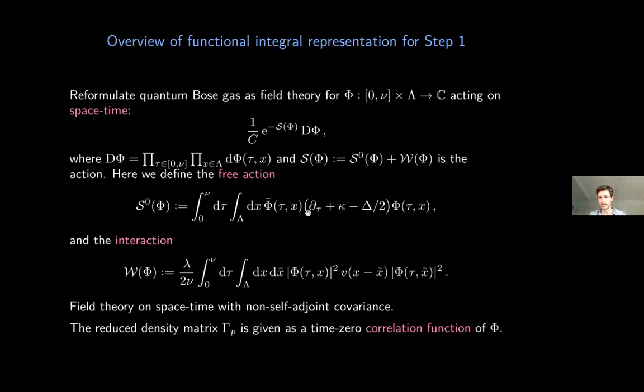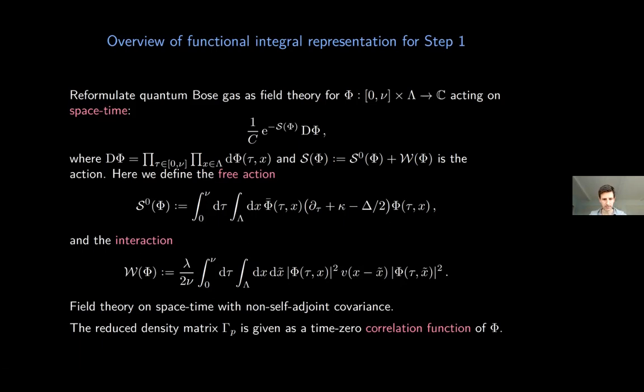That's the key new feature in this functional integral representation. So you differentiate your field in time. And the interaction is the one you would expect. You integrate over time first, and at the same time you integrate over two spatial variables, and your field will interact like this, as you would expect.